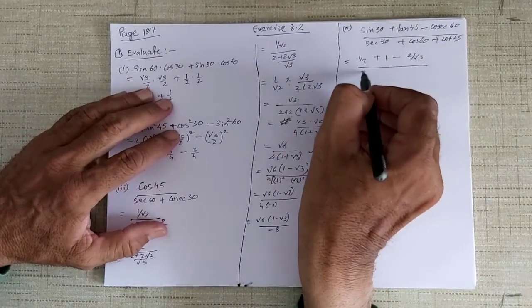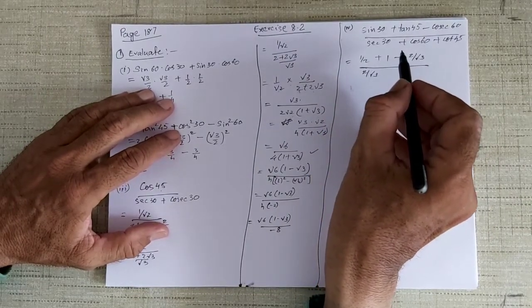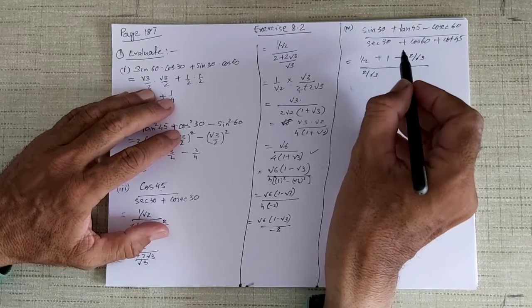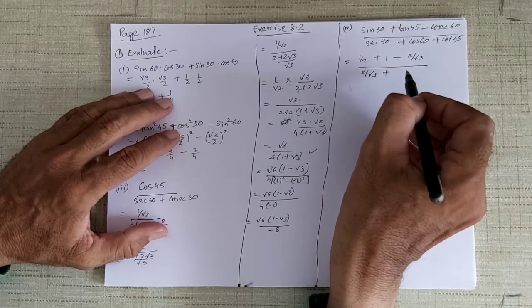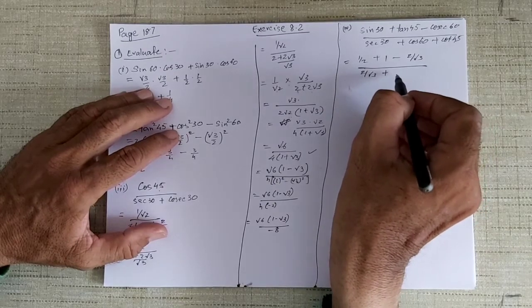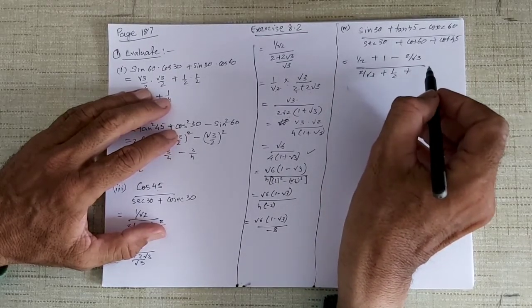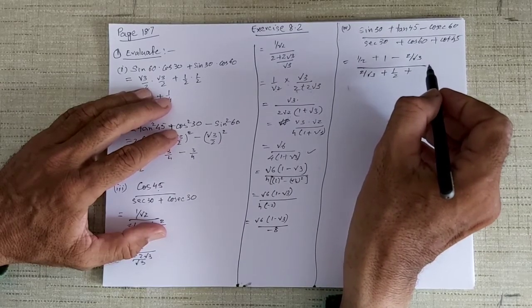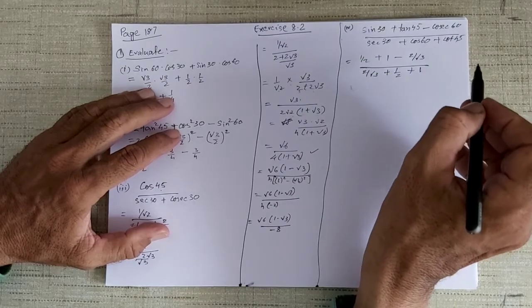So this will be 2 upon root 3. That is sec 30. Remember, sec 30 is reciprocal and therefore 2 upon root 3 plus cos 60. Cos 60 is half plus cot 45. Cot 45, remember cot 45 and tan 45, they will be the same. That is 1. Okay, cot 45.